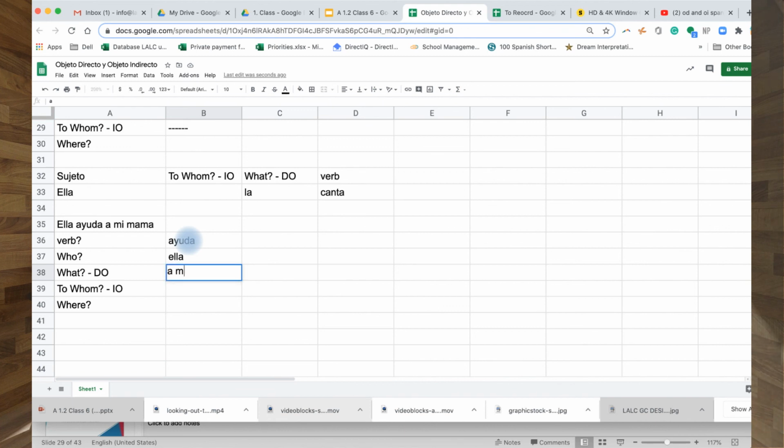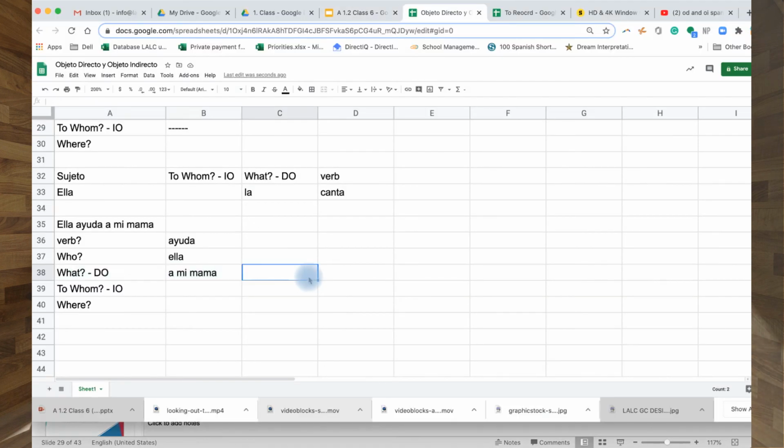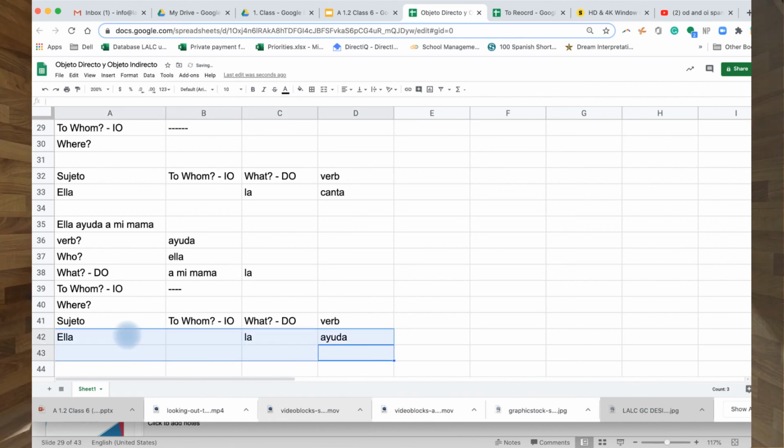A mi mamá. That's why a direct object in Latin America could also be a person. So when you go to the table of conversion and you put direct object and you say a ella, it will be feminine, so it will be la. Then when you replace it, there's no indirect object and not the rest, so sujeto will be ella, la ayuda. You see, ella la ayuda.